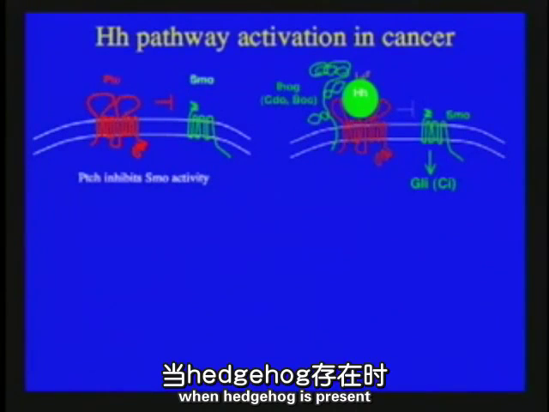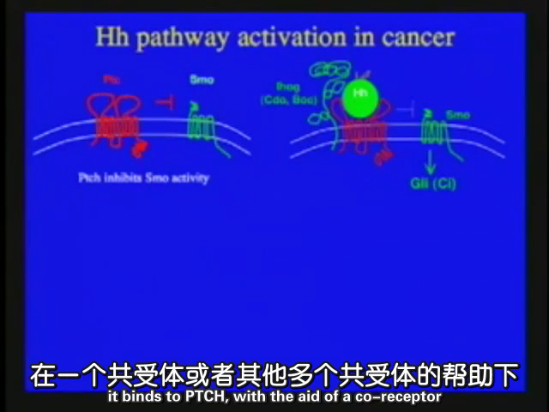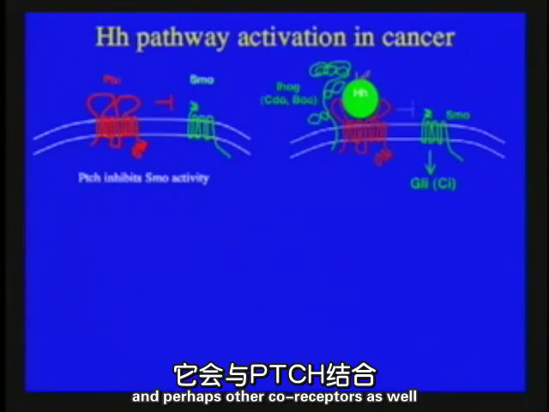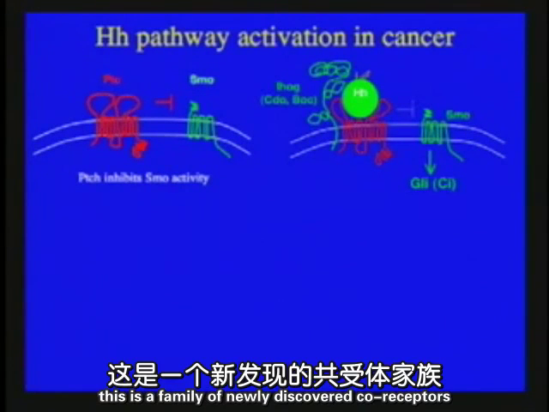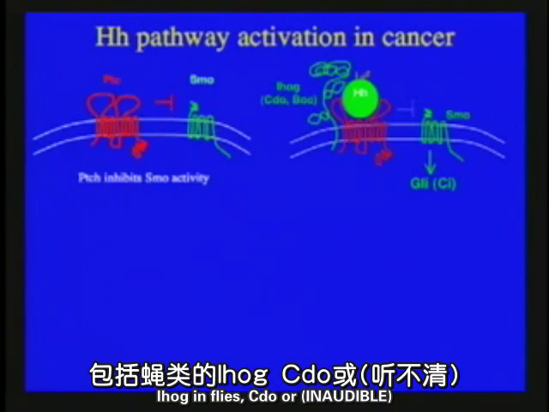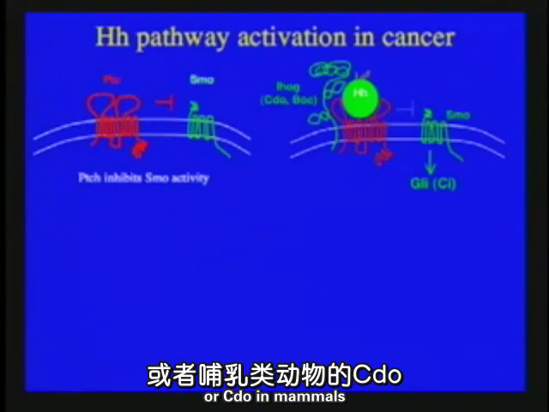When hedgehog is present, it binds to patched with the aid of a co-receptor and perhaps other co-receptors as well. This is a family of newly discovered co-receptors, IHOG in flies, CDO or brother of CDO in mammals.